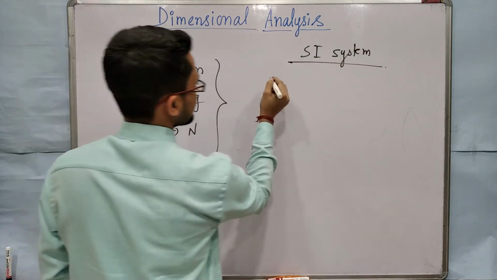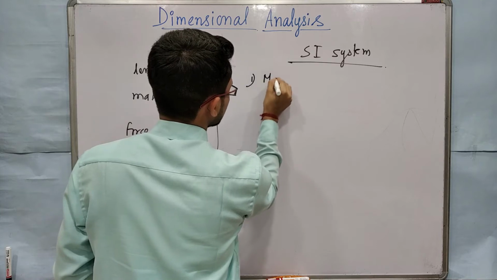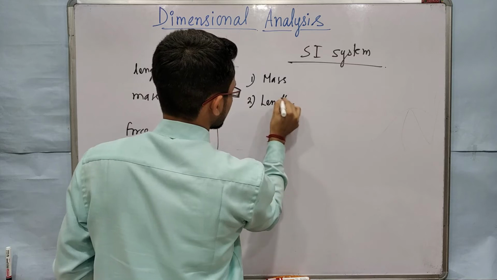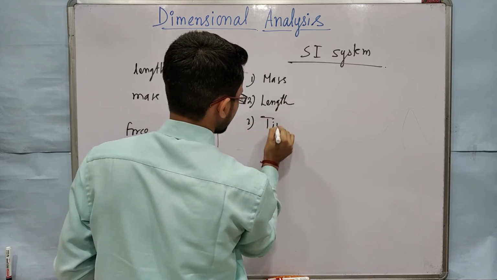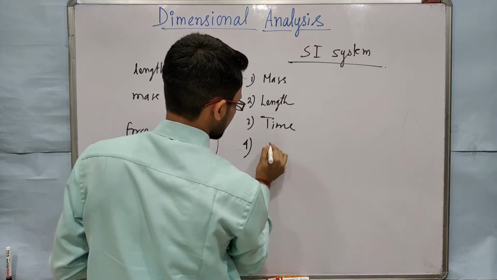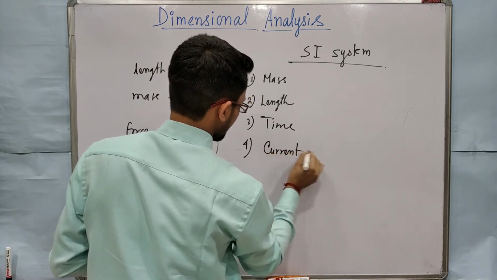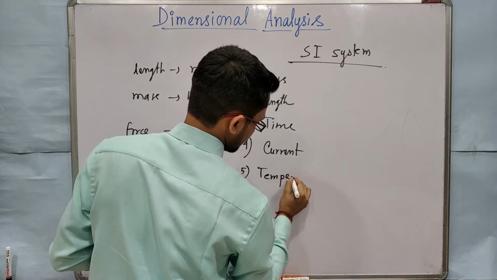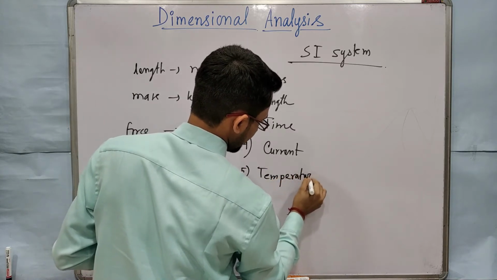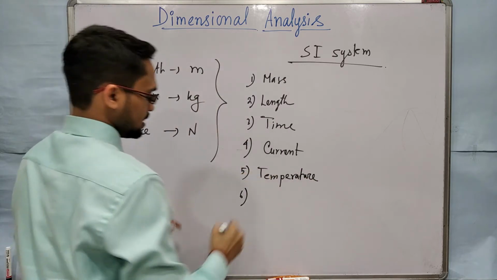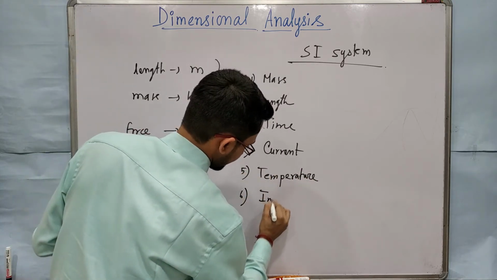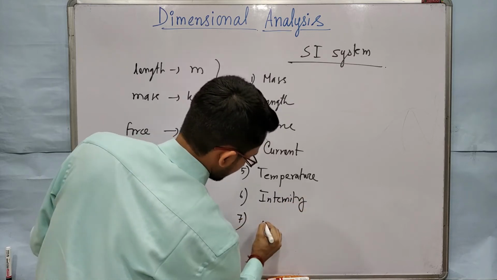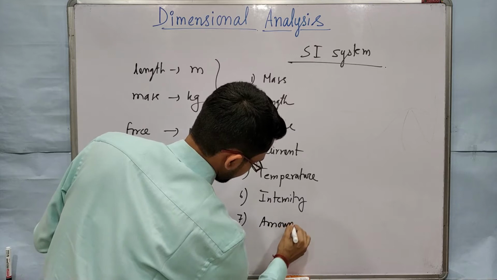In the SI system we get first mass, second length, third time, fourth current, fifth thermodynamic temperature, sixth luminous intensity, and seventh amount of substance.